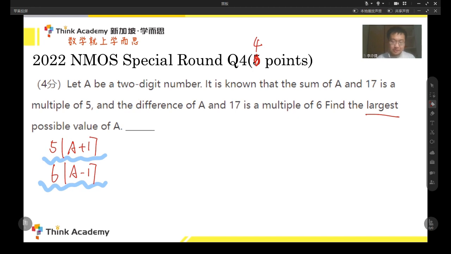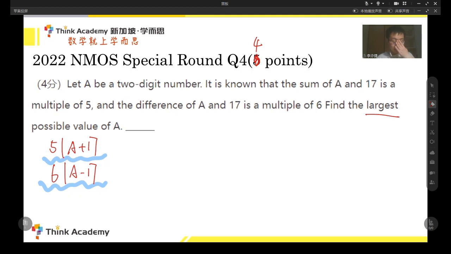I want to tell you something: sometimes when we find that a sum or a difference is a multiple of some number, this is always the case that we should turn it into a remainder problem. So remember, the divisibility of a sum or difference means it is a remainder problem. We should turn it into a remainder condition.